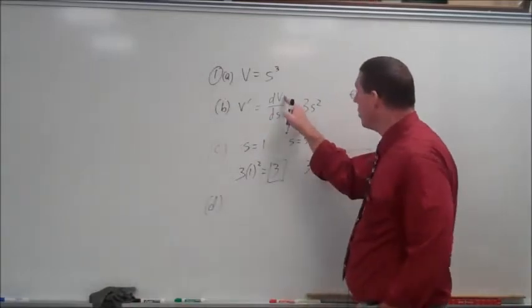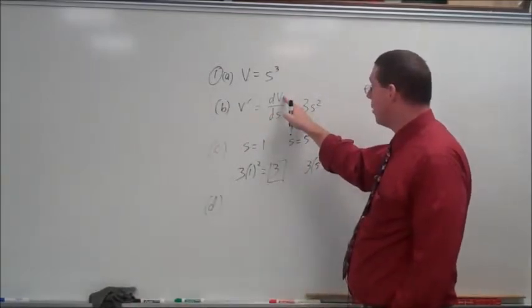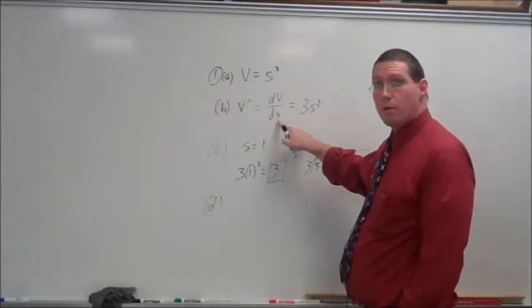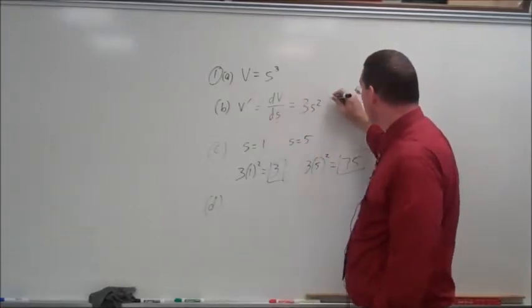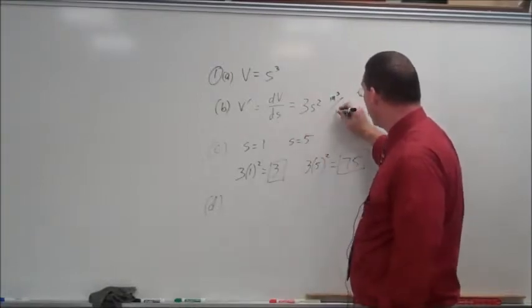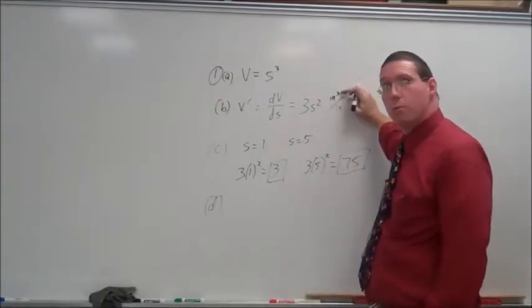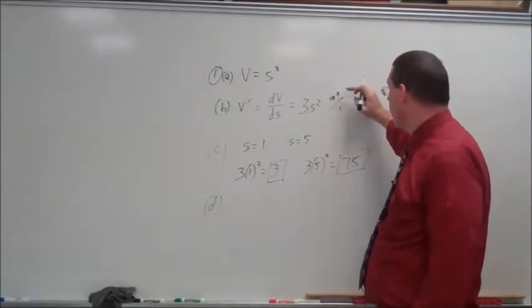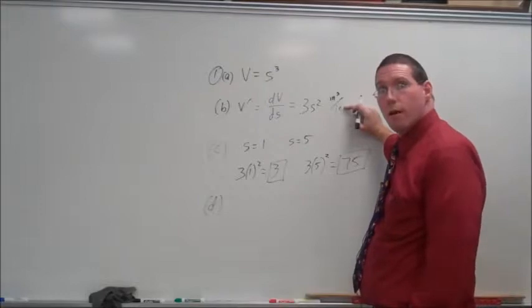You just take the units of the volume and put them over the units for the side length. So volume is measured in inches cubed, per side is measured in inches. So it's inches cubed of volume for every incremental change in inches of the side.